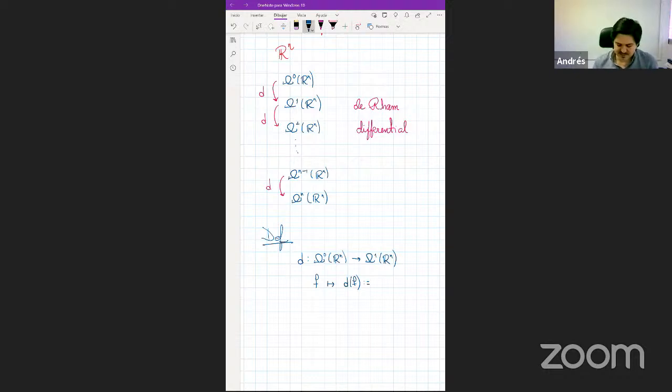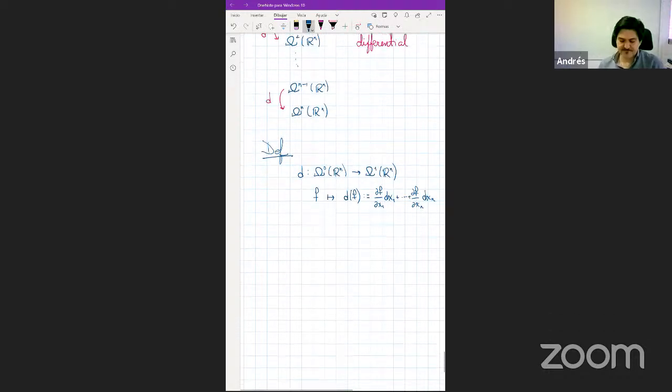So this is precisely the partial derivatives like this. Okay? Great.